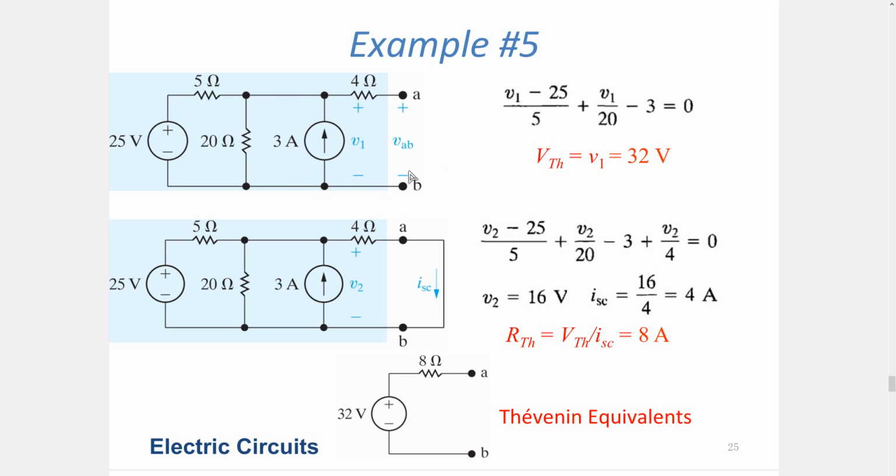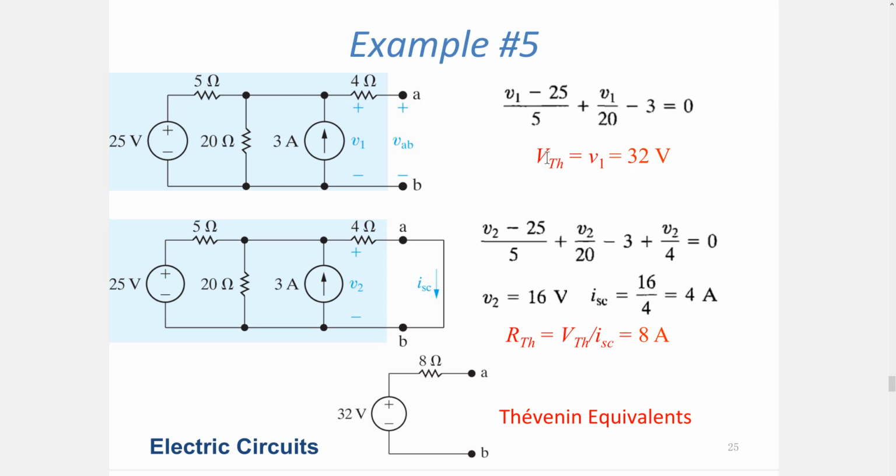The voltmeter acts like an open circuit because it has infinite resistance ideally, or very large resistance. So there will be no current flow through the voltmeter to the reference terminal. So what I'm measuring is actually this internal 32 volts that's of interest.